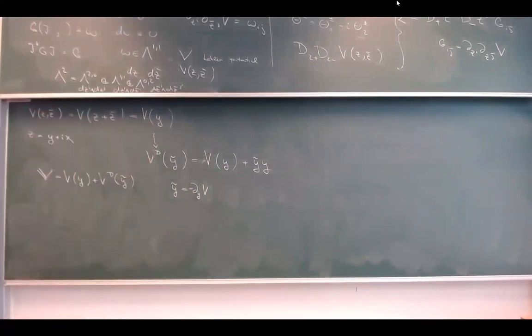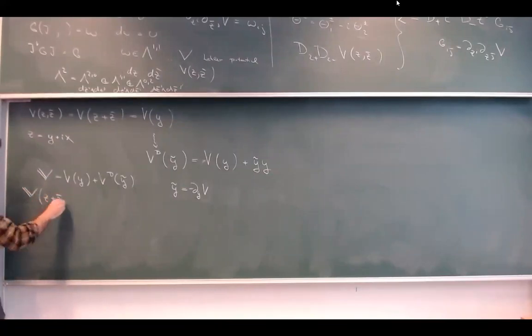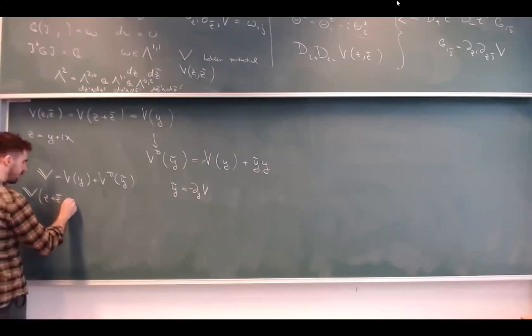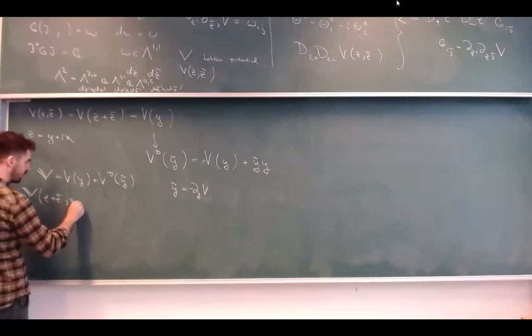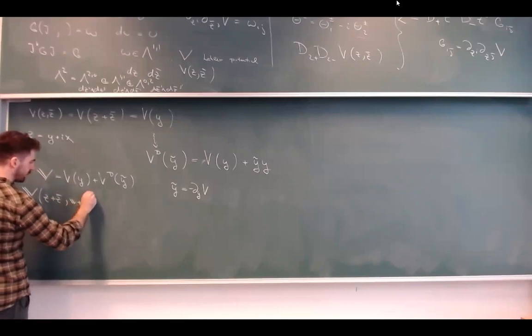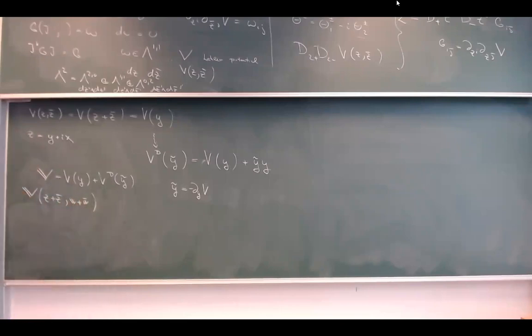So I can construct this thing, and now it depends on z plus z bar and on the w and w bar combination. Now, that's some potential on the doubled space of fields.